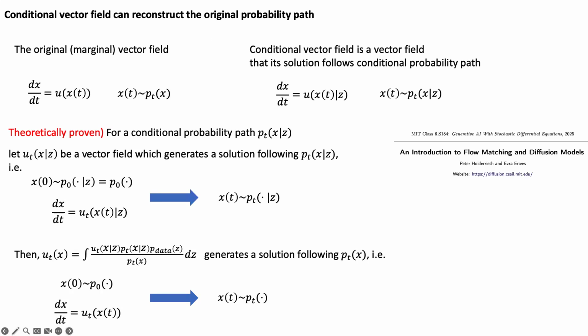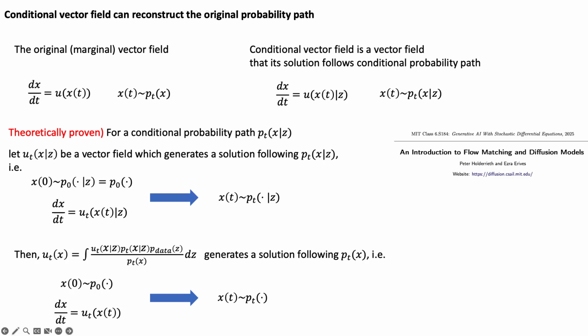Okay, so conditional vector fields. Our problem is that we only have samples from the output distribution. So in order to use samples, we define a conditional vector field. The key point is that if we find the conditional probability path and give a weighted average, it will be the real general probability path.